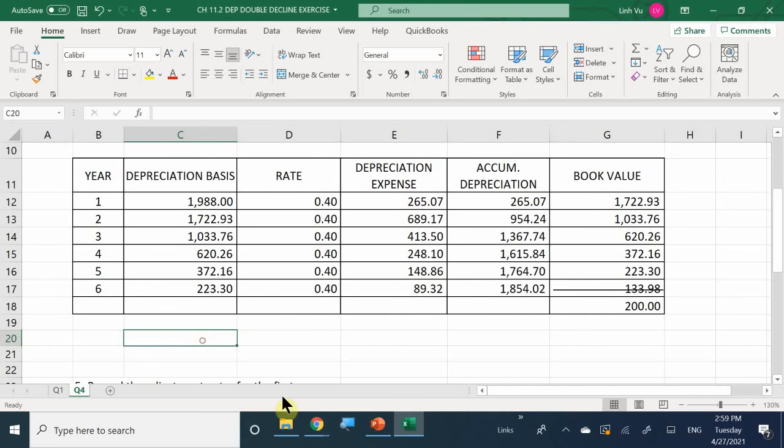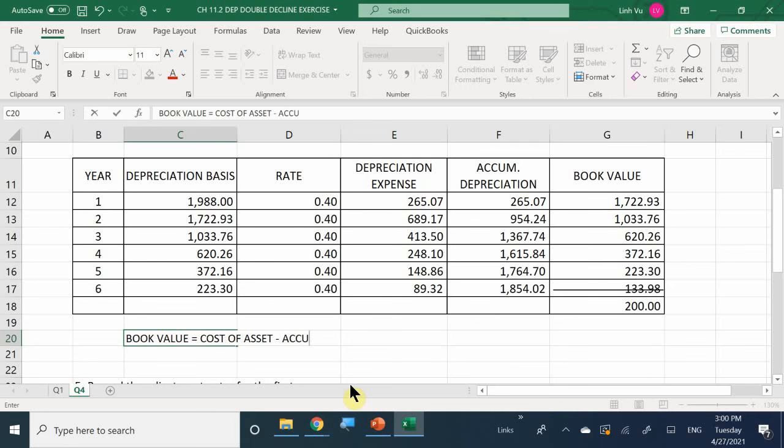Okay. Once again, what is my formula for book value? The book value is the cost of the asset minus the accumulated depreciation. Minus accumulated depreciation. Okay.